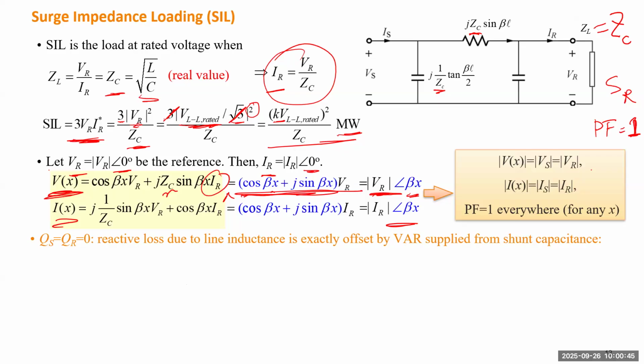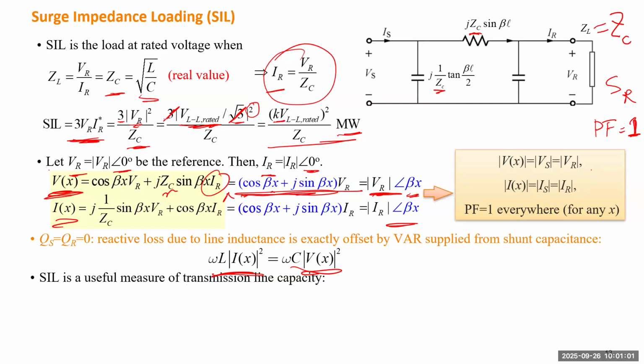And it also has shunt capacitance, which provides reactive power. So the two amounts are completely equal. Okay, so anywhere, the reactive power consumed by the line will be completely provided by the capacitance of the line. That's why the voltage can be exactly the same along the line.